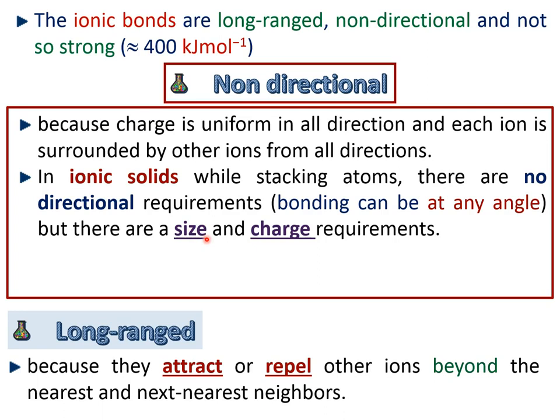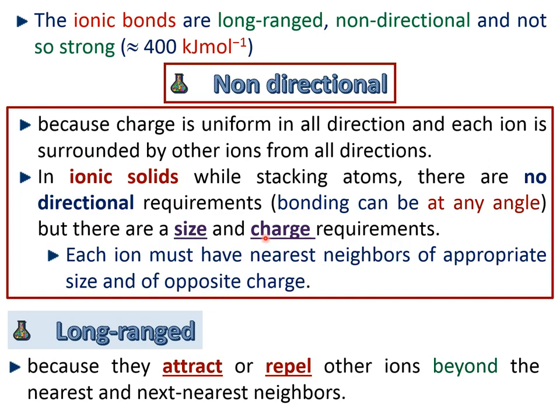It also has a charge requirement, because a positive ion requires a negative ion, and so on. So it needs a specific size and a specific charge to be located around it.